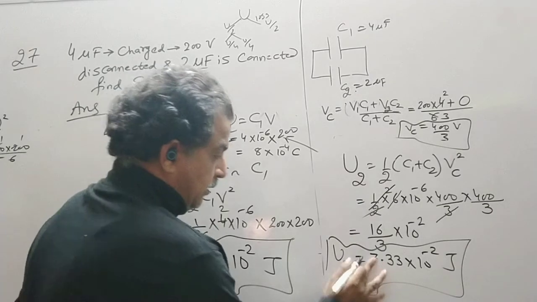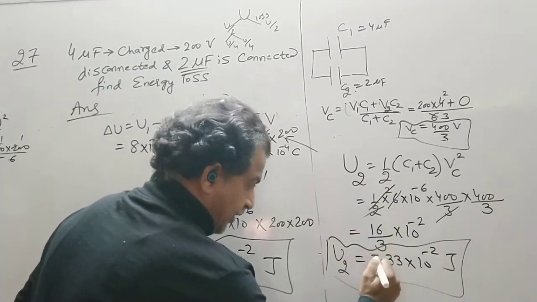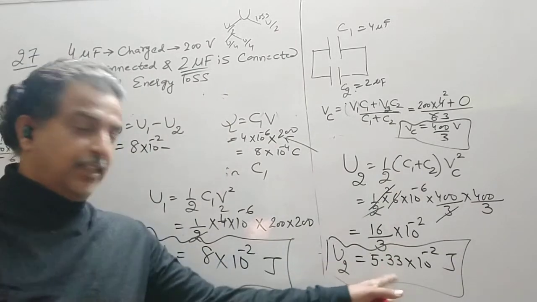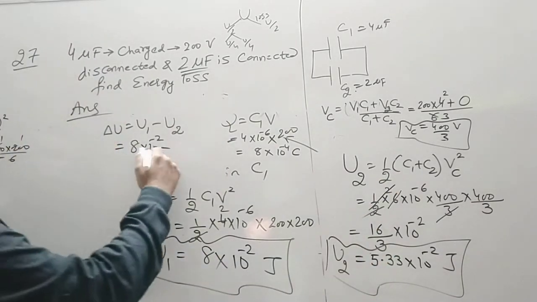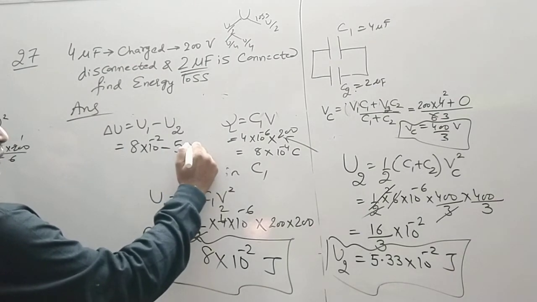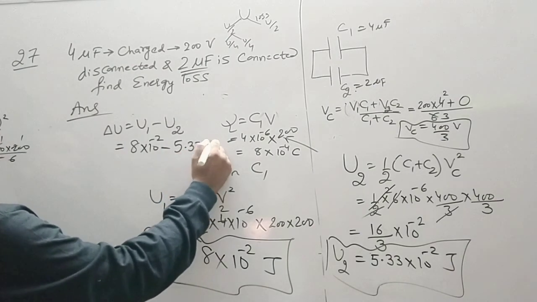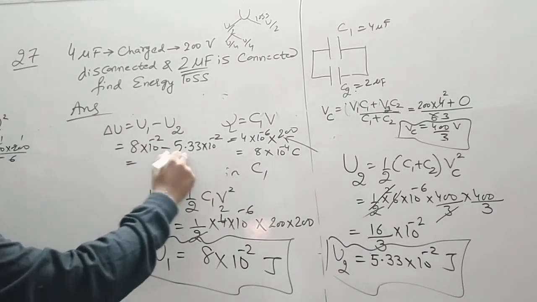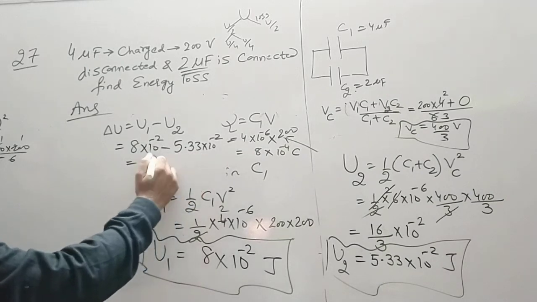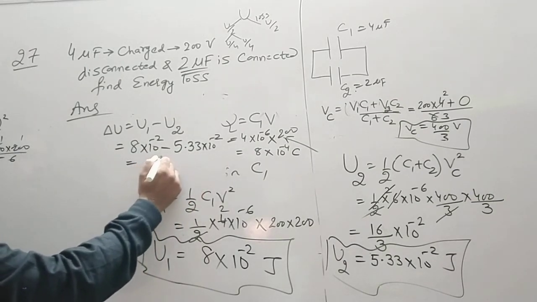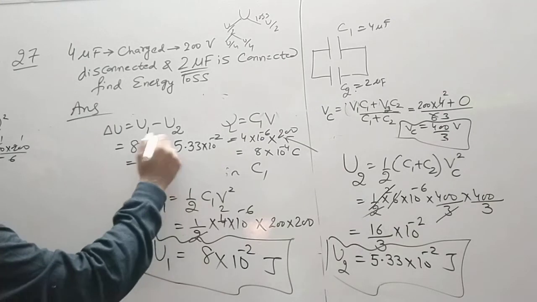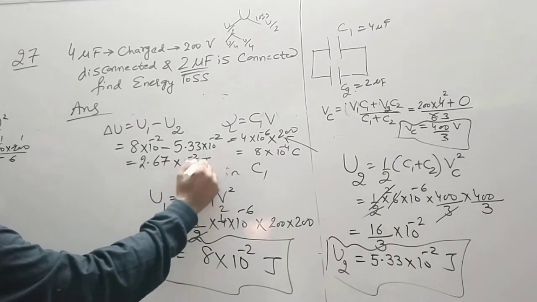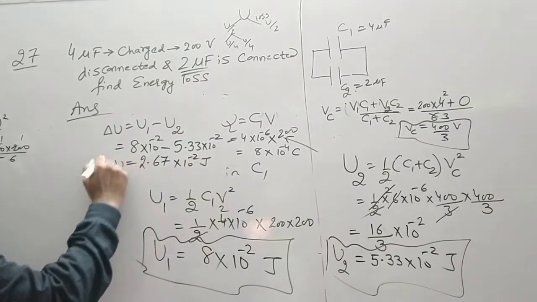Sorry, it was written as 3.33, it is 5.33. So 8 into 10 raised to minus 2 minus 5.33 into 10 raised to minus 2 will be equal to 2.67 into 10 raised to minus 2 joule. This is the loss of the energy.